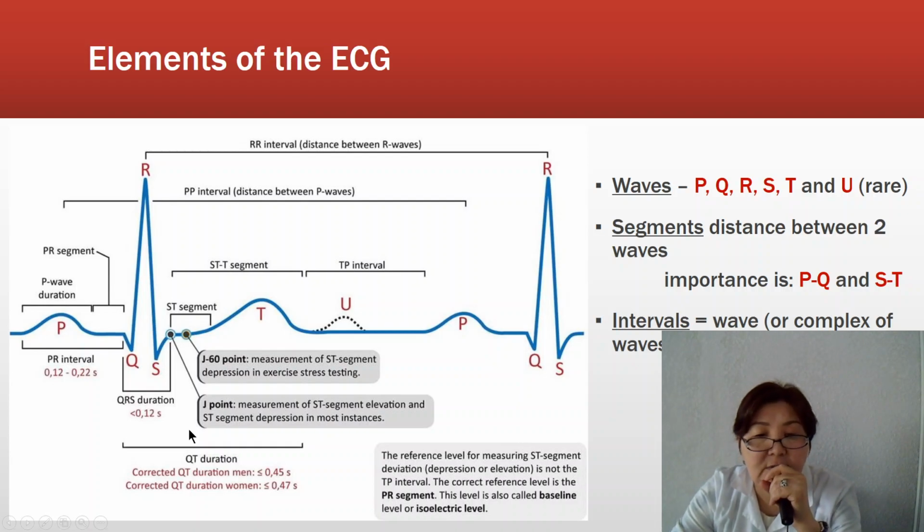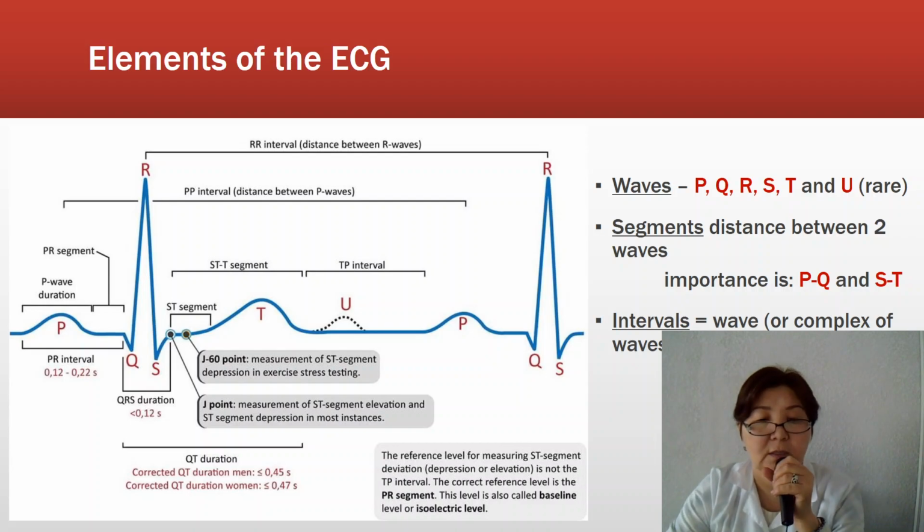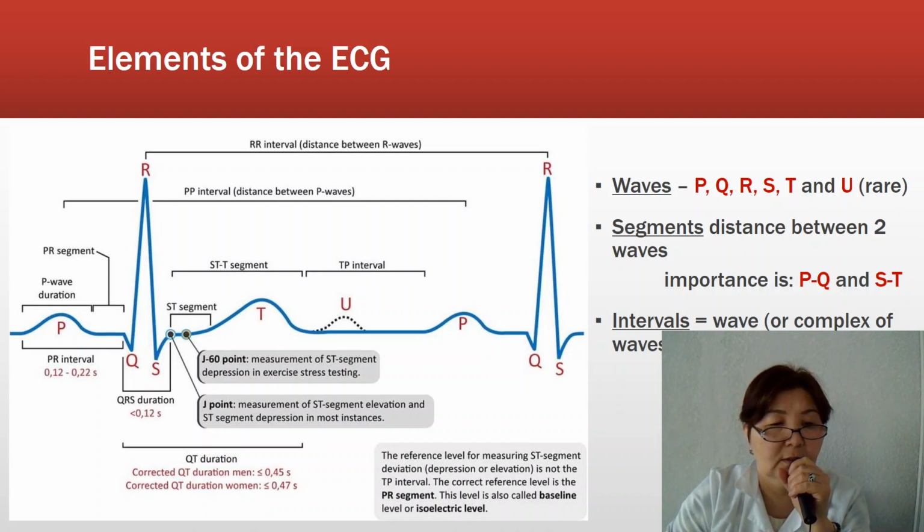The reference level for measuring ST segment deviation, depression or elevation, is not the TP interval. The correct reference level is the PR segment. This level is also called the baseline level or isoelectric level.